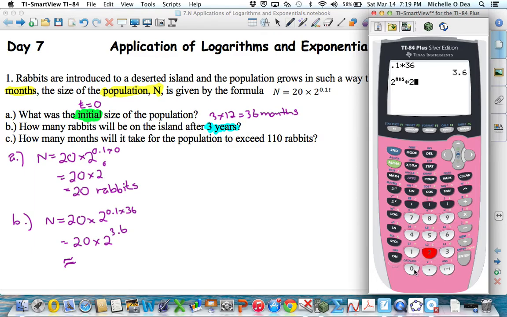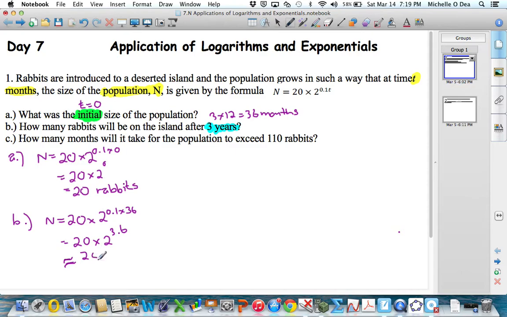Of course, you could have done 20 times. It doesn't matter which way you do it. Enter. And I get a big long decimal. So if I start by writing the decimal, so 242.51.